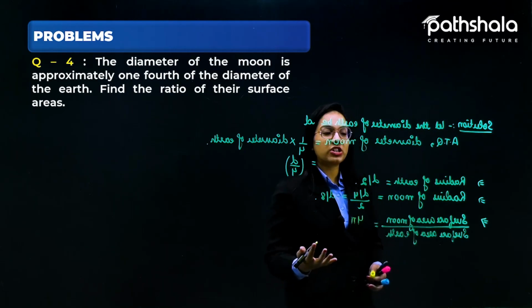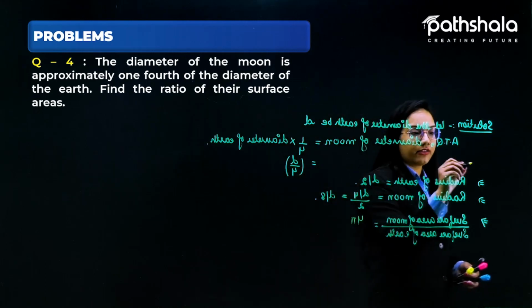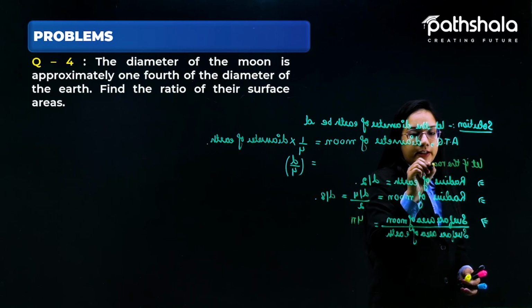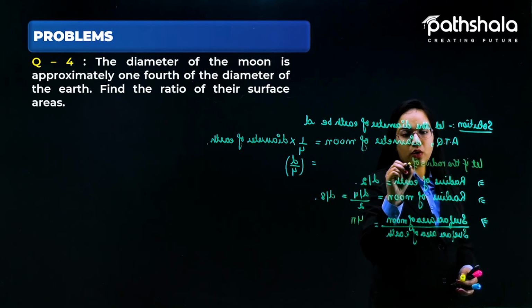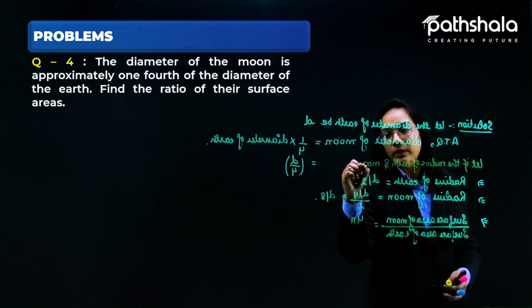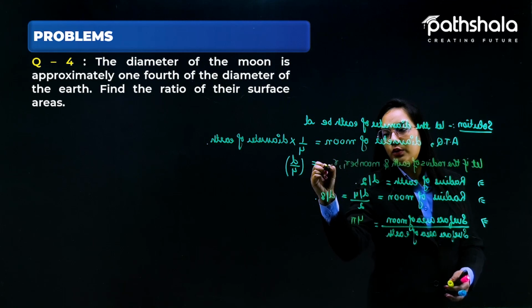Let us suppose the radius of earth and moon be r1 comma r2.